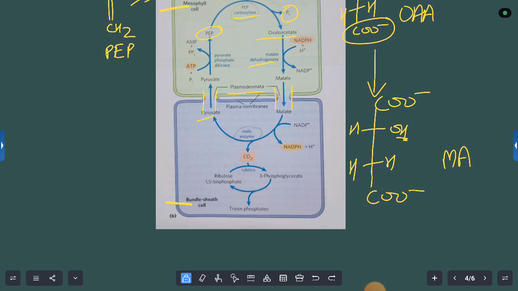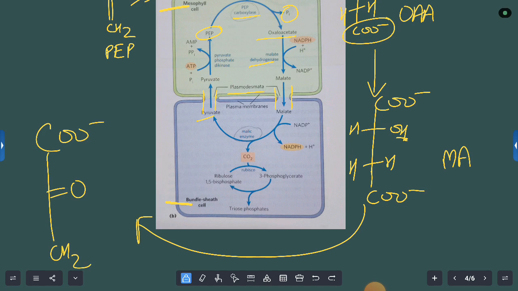See, this malic acid or malate is converted into pyruvate, and in this reaction carbon dioxide is released here. So malate is converted back into pyruvic acid, pyruvate. This pyruvate is then converted into phosphoenol pyruvate, and this cycle is completed.